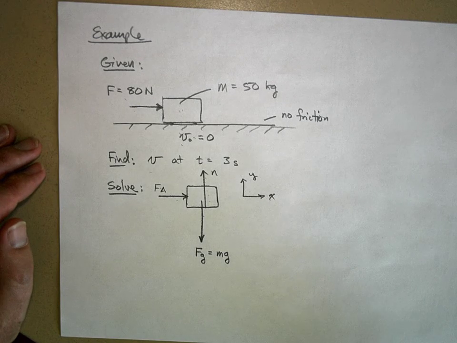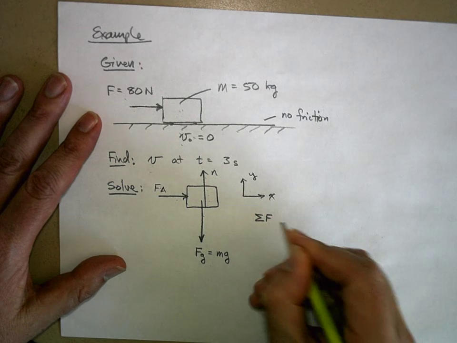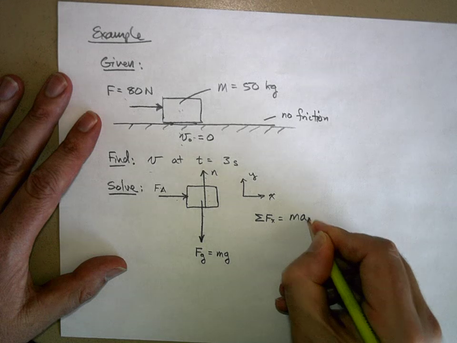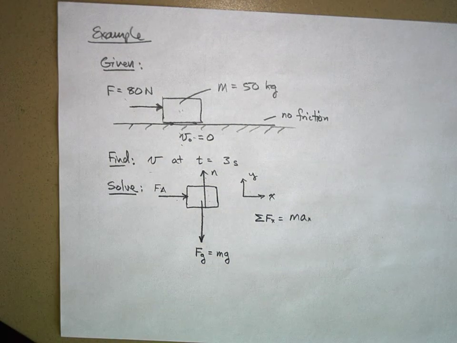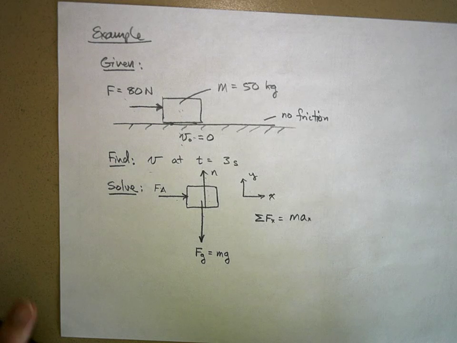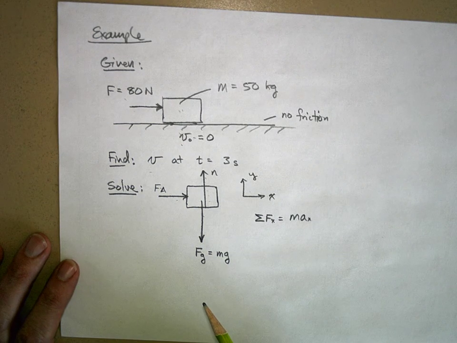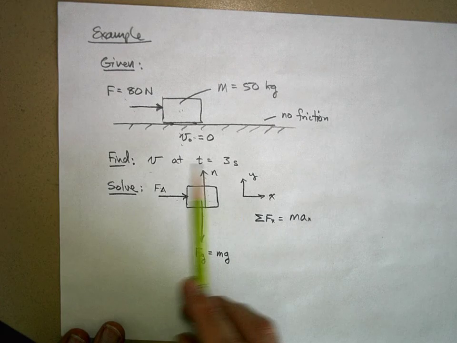If I sum the forces in the x direction, that'll equal ma in the x direction. So this tells me what to do. Look at just the x direction. If I add up all the forces in the x direction, what do I get? Look at the free body diagram. There is only one force in the x direction.